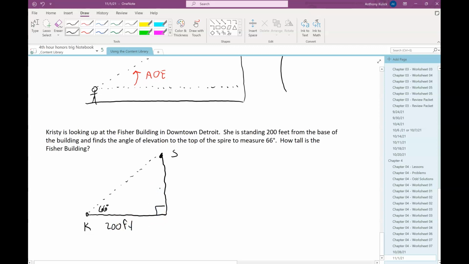I'm going to assume that any structures are perpendicular to the surface of the ground, unless you're specifically told that is not the case. I think that's a fair assumption to make.